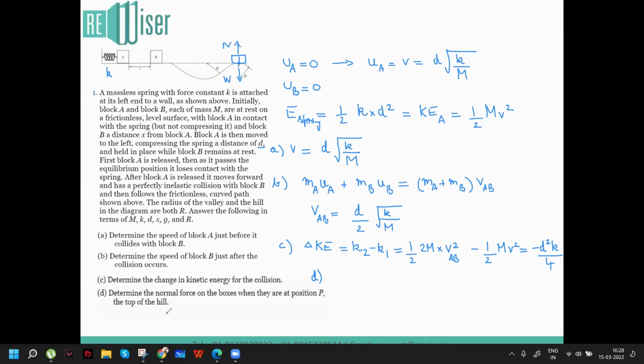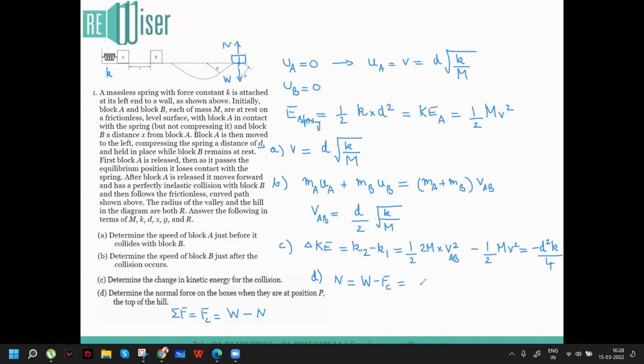In part D, the resultant force is nothing but the centripetal force, which is equal to the weight acting downwards minus the normal reaction acting upwards, because it is in the opposite direction. We write the equation for N as N is equal to W minus F centripetal.